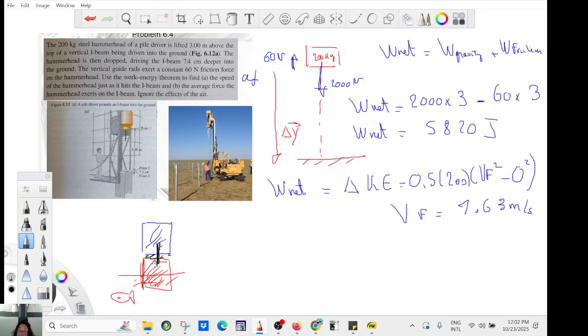Gravity, very good. You have gravity, which is the 2000. What else? The normal force. Remember, acceleration is up because it's slowing down. So the normal force has to be huge, way bigger, exactly. And then you have some friction.